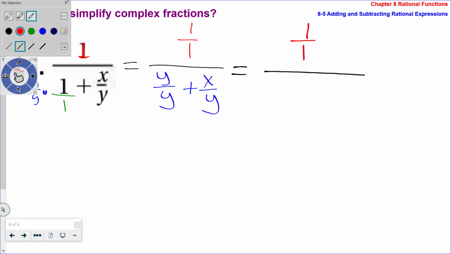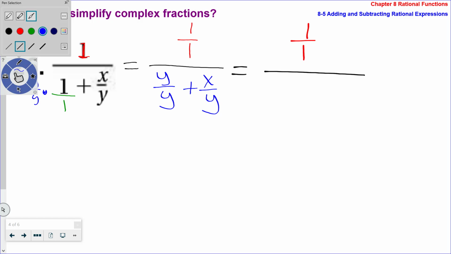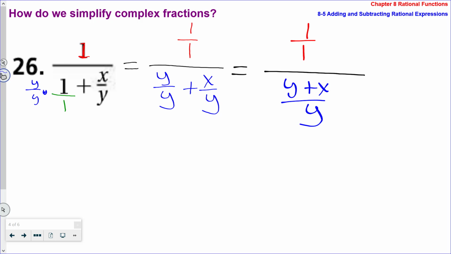Brianna, y plus x over y. So step number 1 was to rewrite the numerator as a single fraction. We did that. Step number 2 was to rewrite the denominator as a single fraction. We did that. So we did step 1 and 2. Any questions about the first 2 steps?